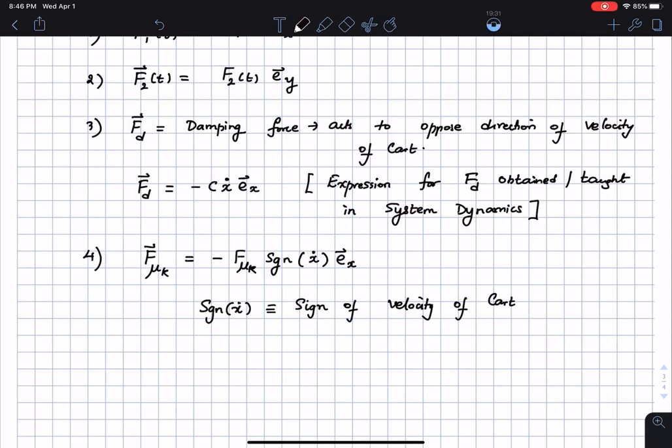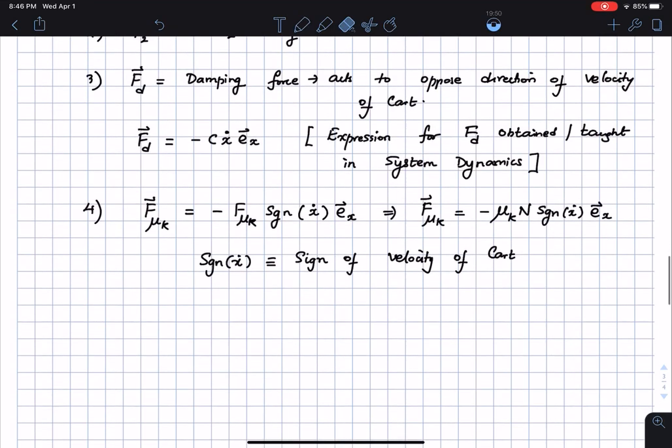All right, and we can say that F mu k is mu k times n. So if you want, we can also say that F mu k is going to be minus mu k times the normal force times the sign of the velocity vector in the Ex direction.